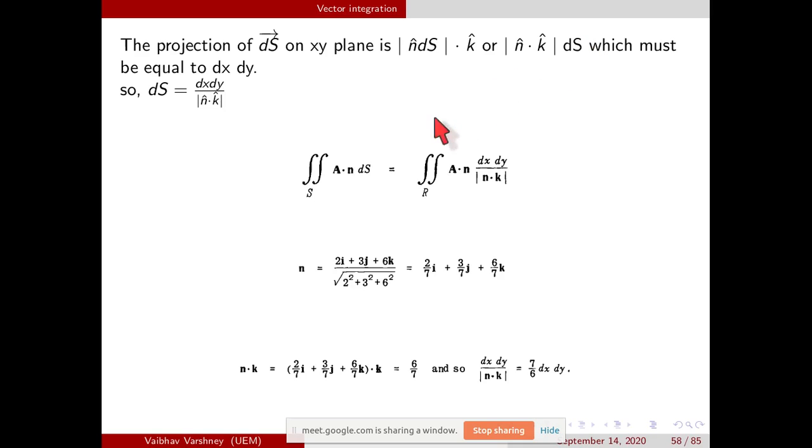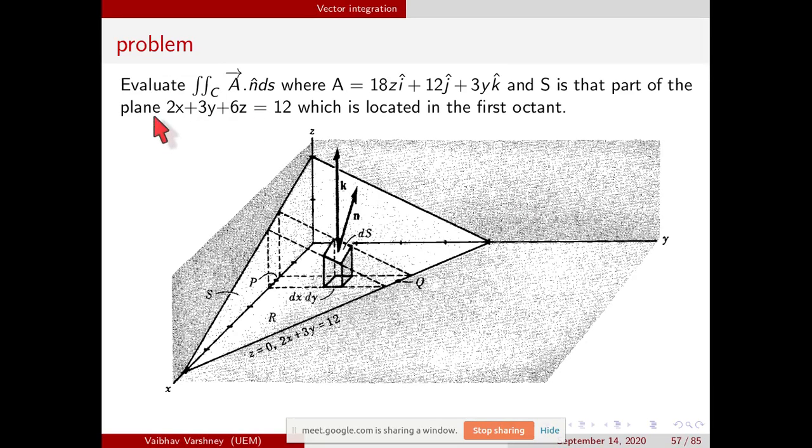And now what I am doing is I just put this ds, this dx dy upon n dot k. So now in this surface integral we have a dot n cap dx dy upon n dot k, and this n vector we know how to calculate, the normal to any surface. We can take the gradient of that. So if we have this plane 2x plus 3y plus 6z and we want to calculate the normal to this plane, then we just take the gradient of this, and the gradient will be 2i plus 3j plus 6k.